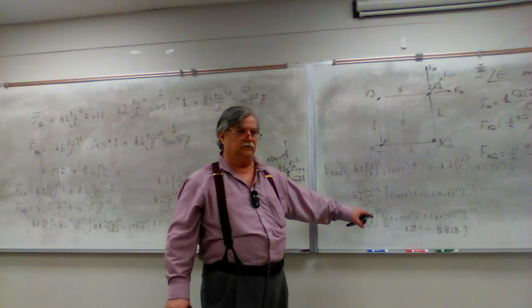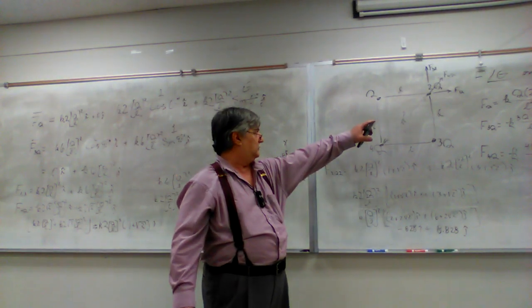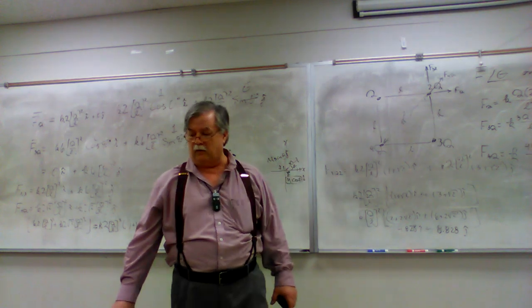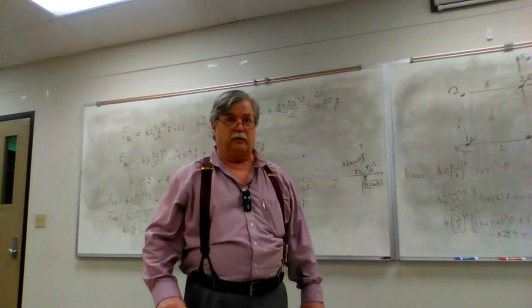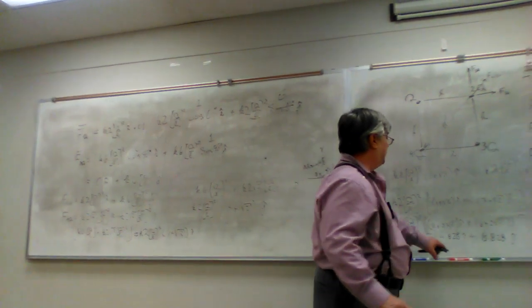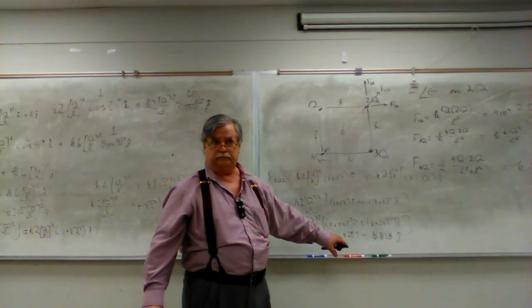That's the vector form of that total net vector. But they want to know the magnitude and direction. So we now need to convert this back into polar coordinates. Right?